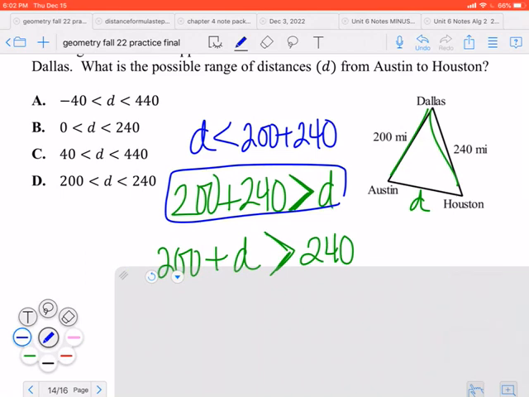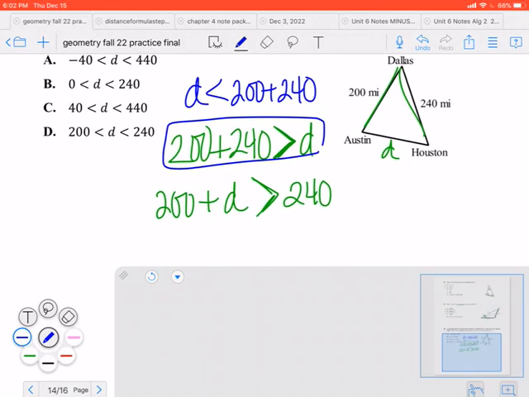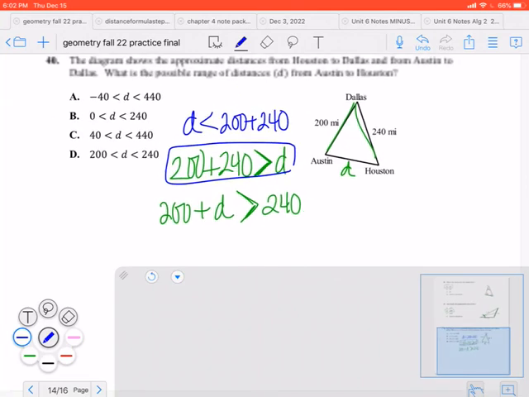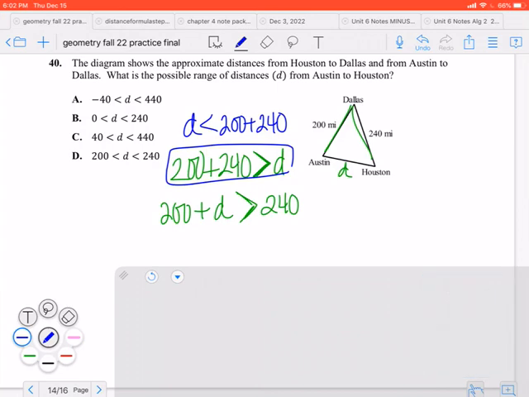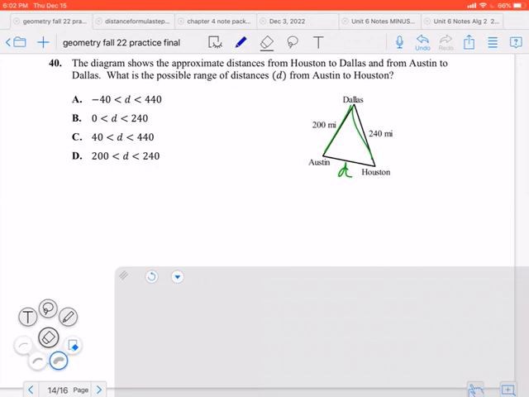That doesn't make any sense. See, I knew I was going to mess up something. The answer is C. So what's wrong? Oh, I know what we're supposed to be doing. I'm sorry. This is what happens when you don't look at the stuff before you go trying to teach it.